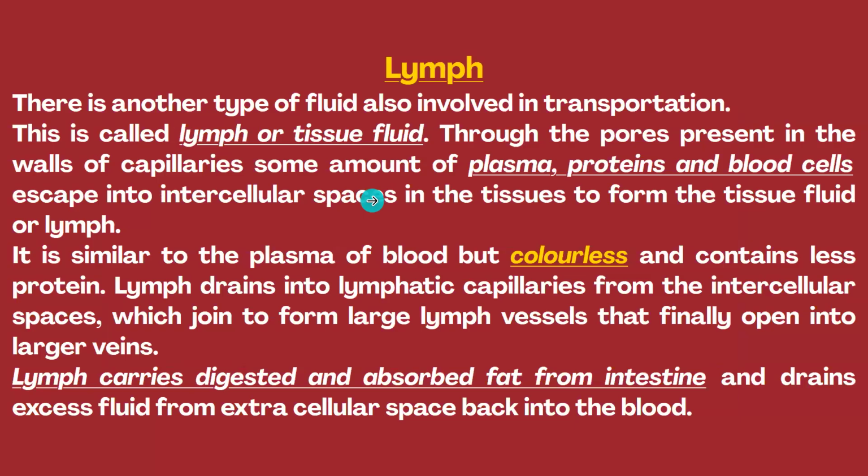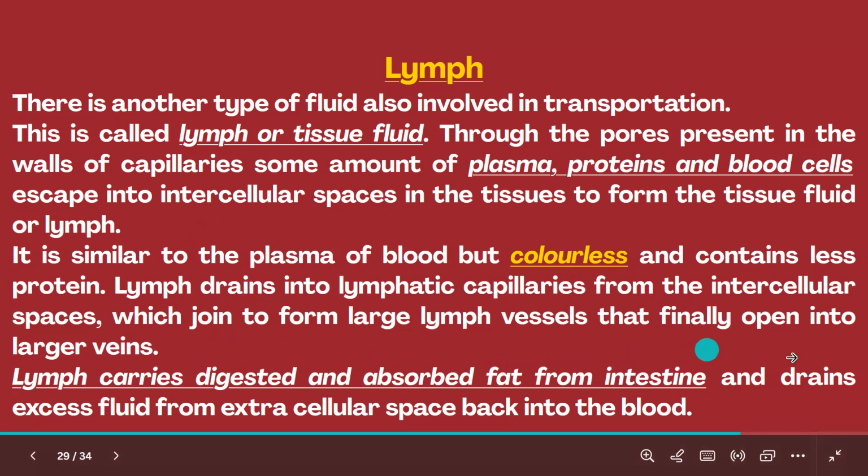The function of the tissue fluid or the lymph is similar to the plasma, but it is colorless and contains less protein. The lymph drains into the lymphatic capillaries from the intercellular spaces, which join to form large lymph vessels that finally open into the large veins.